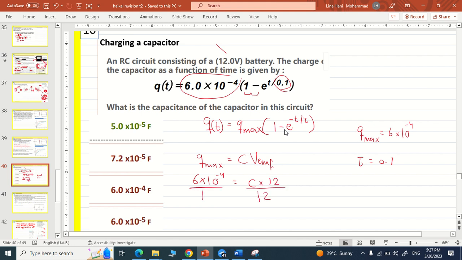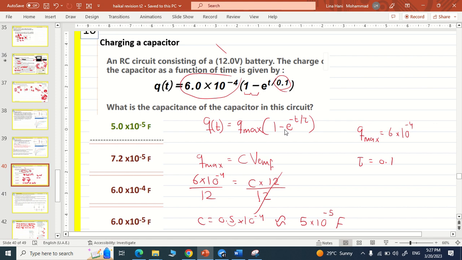Divide both sides by 12. You'll see that C is equal to 0.5 times 10 to the negative 4, which is 5 times 10 to the negative 5 farads.